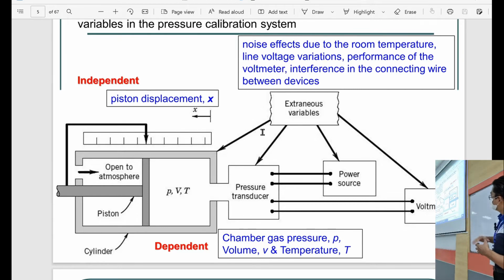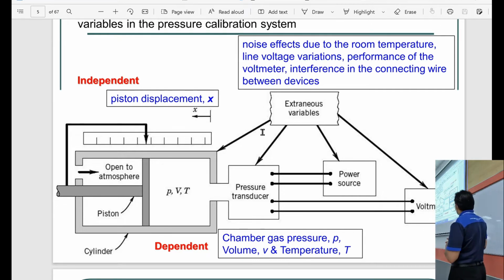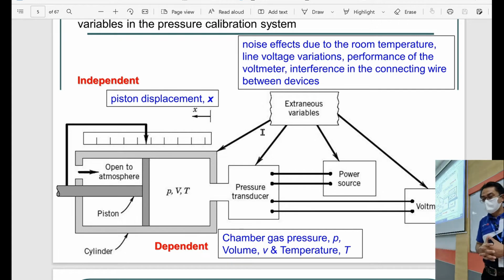The size of the chamber, the pressure transducer, the shape of the pressure transducer, the power source, the voltmeter, the reading from the voltmeter, all these things can be extraneous variables.